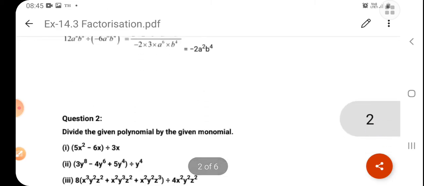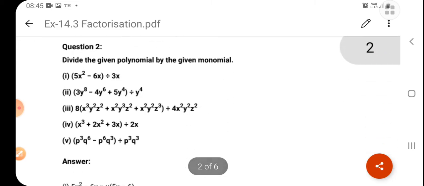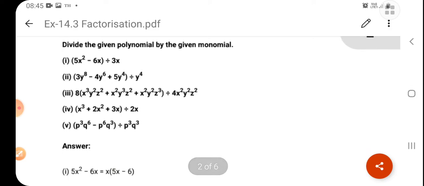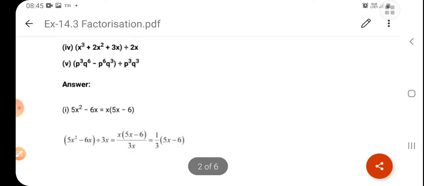Okay, second question. Divide the given polynomial by the given monomial. Here the division of polynomial by given monomial. The same method we will apply, but we will divide them. 5x square minus 6x. We will take the common factor of the numerator first, because it is a polynomial.